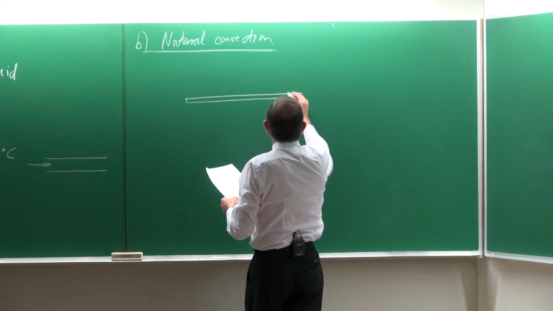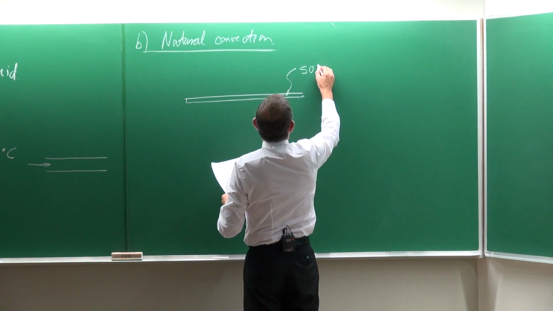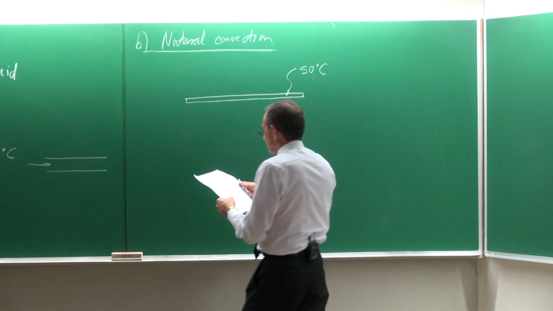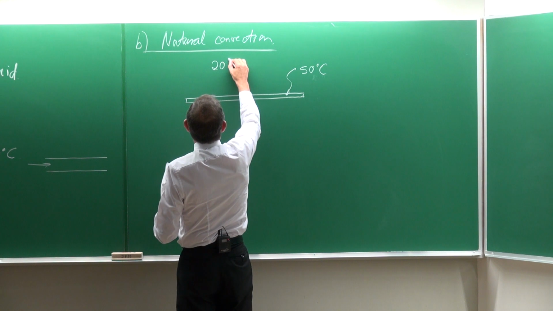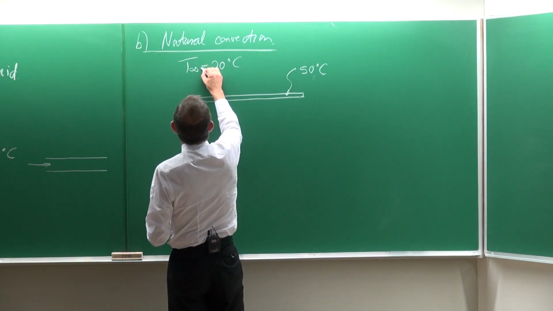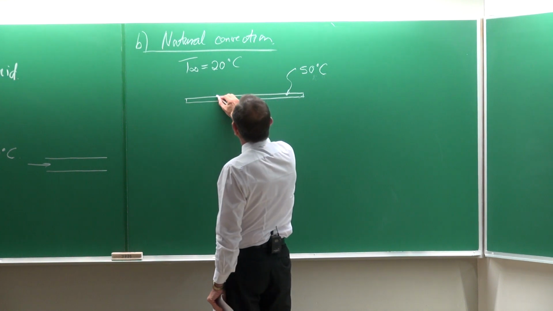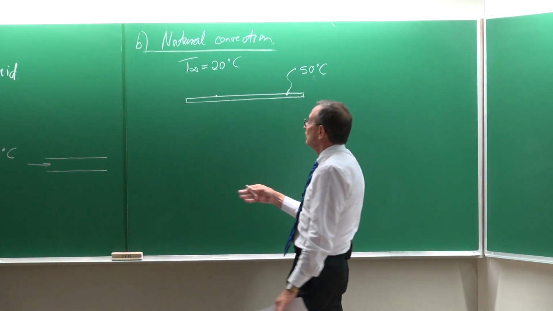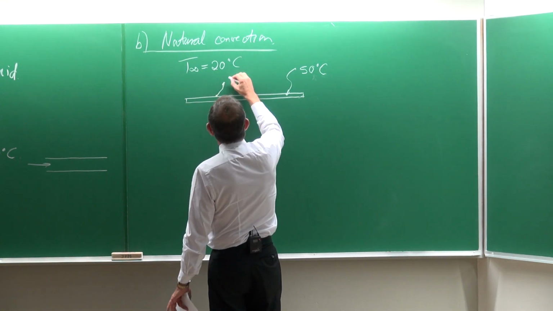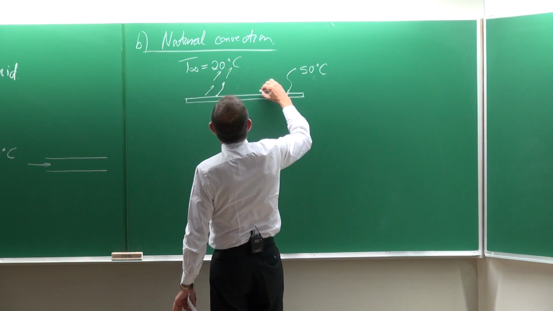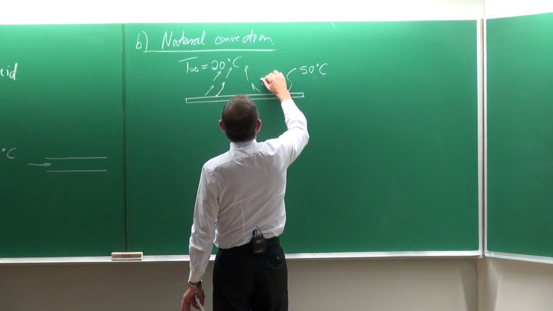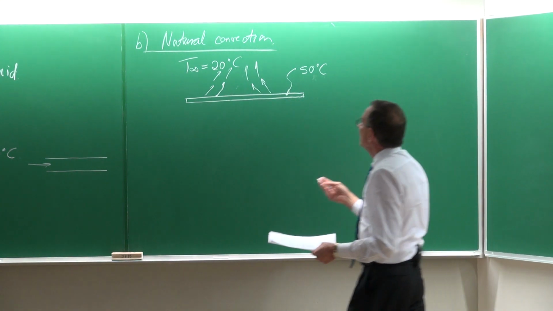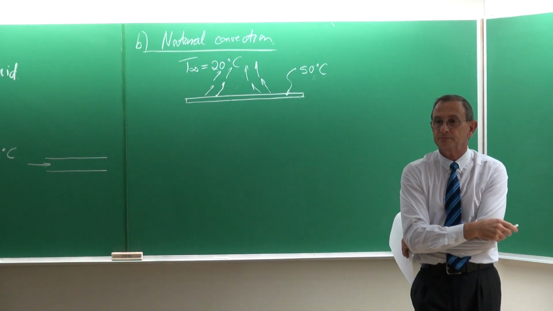And with natural convection, again, if this plate or material is being heated to a temperature of 50, and we have air at a temperature of 20, then these particles next to the wall are going to be heated, their density is going to decrease, and the buoyancy force is going to cause small currents flowing upwards, very, very small velocities. And this we call natural convection.